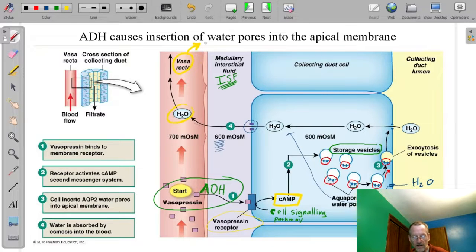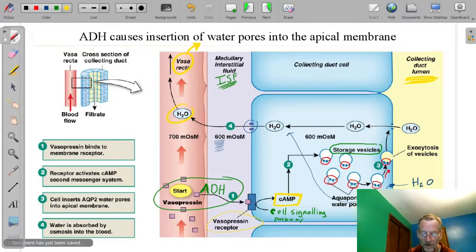What I like to do when I'm trying to learn something like this is make a little sketch. Make it quick, make it easy, and you're after the concept. So put in perhaps a blood vessel that's delivering the hormone to the cells. Identify the lumen and identify the interstitial fluid so you know which direction is which.